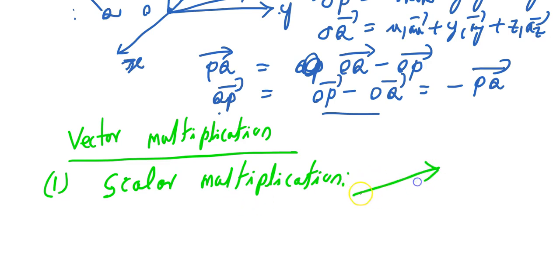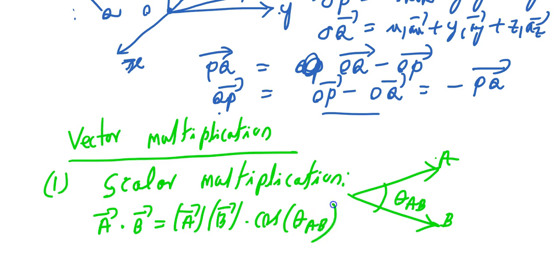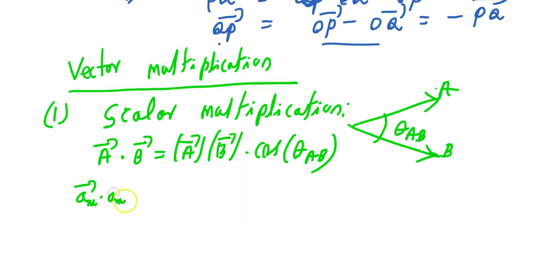When we have two vectors A and B and acute angle between them is theta AB, then scalar product or dot product between A and B is the magnitude of A, magnitude of B, and cos of angle between them, that is the acute angle between them.